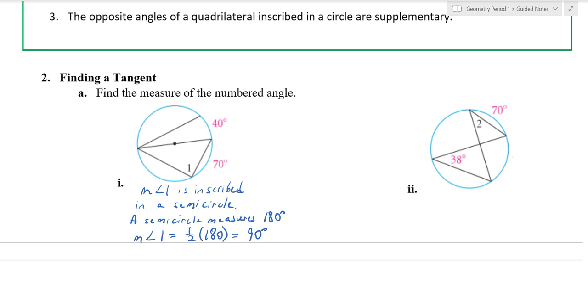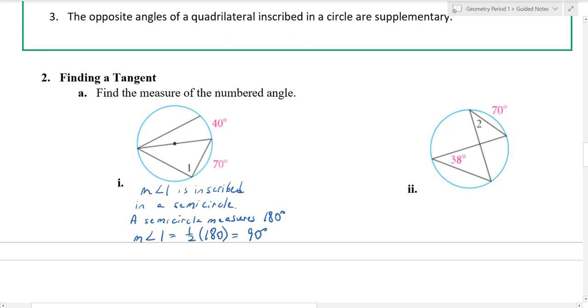Okay, so notice one thing here. This actually applies to corollary number 1, because if you take a look at angle 2, it is an inscribed angle, and it actually intersects this angle right here.